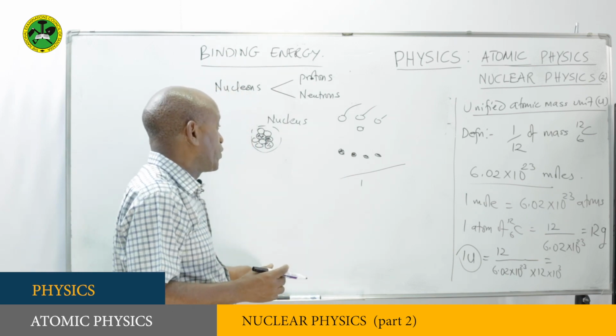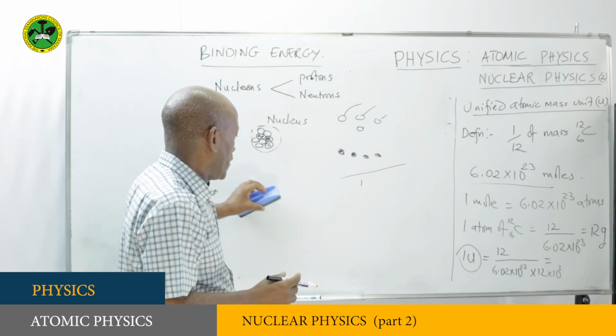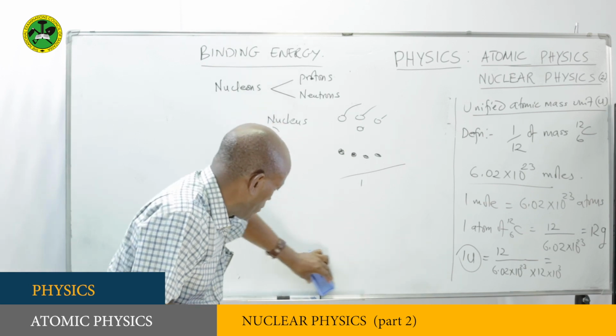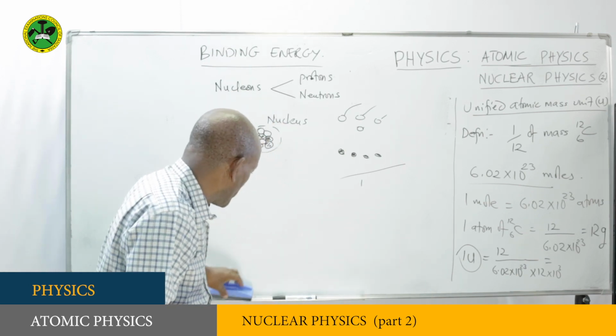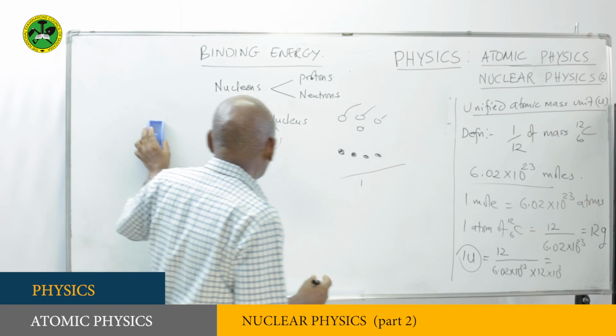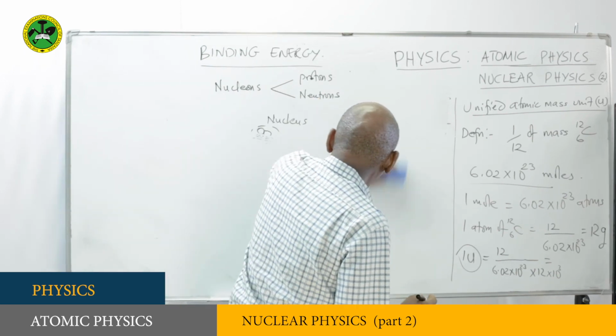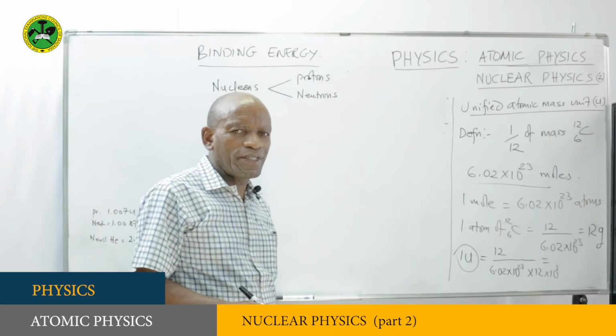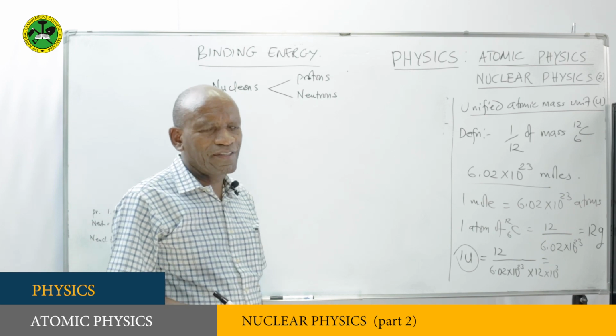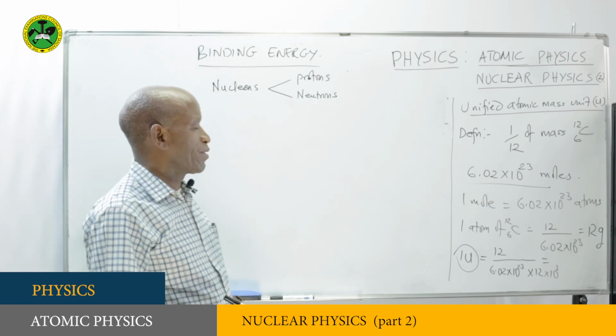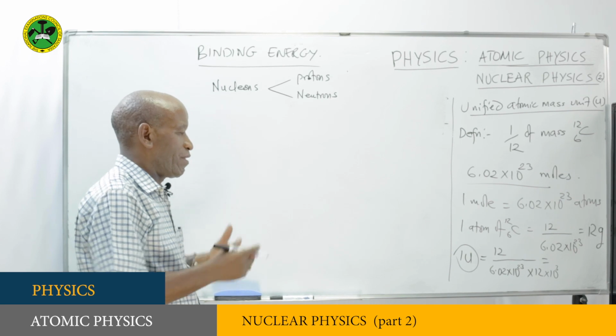And we can see the way we can solve. For example, let us look at a very simple example here. Let us look at the binding energy, which can give us a very good example.